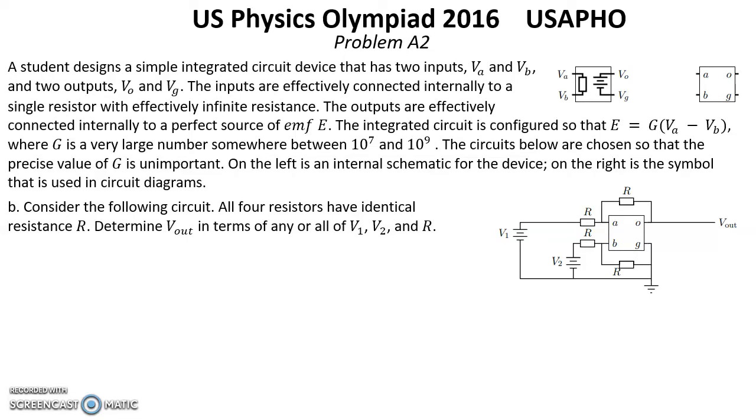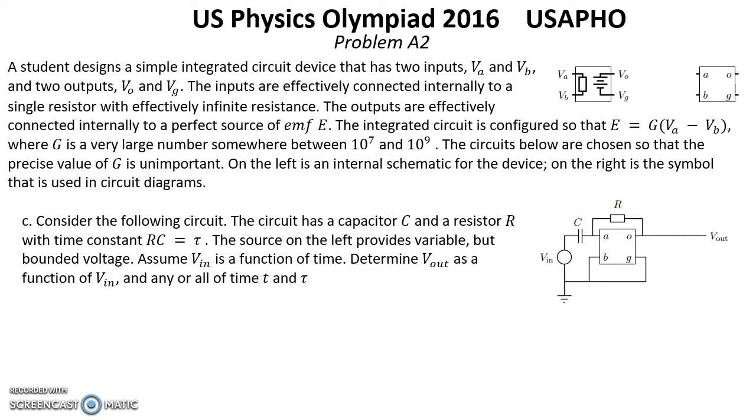Question B. Consider the following circuit. All 4 resistors have identical resistance R. Determine Vout in terms of any or all of V1, V2 and R. Question C. Consider the following circuit.